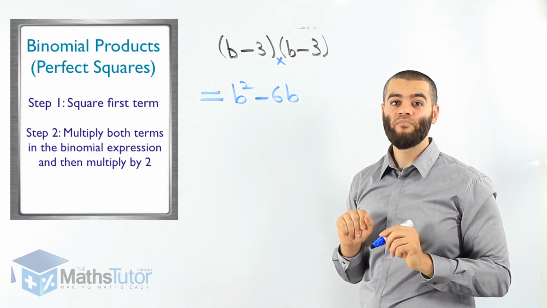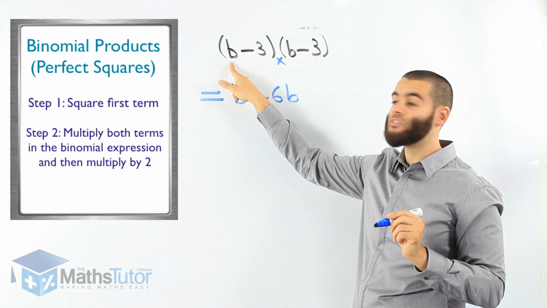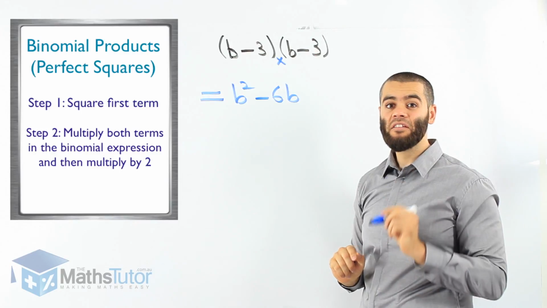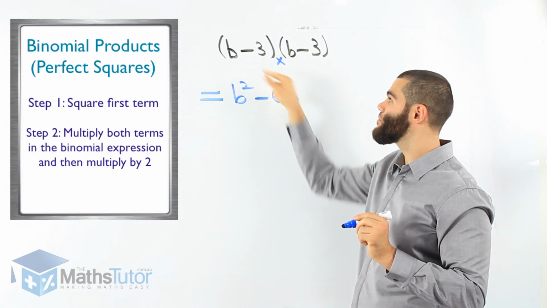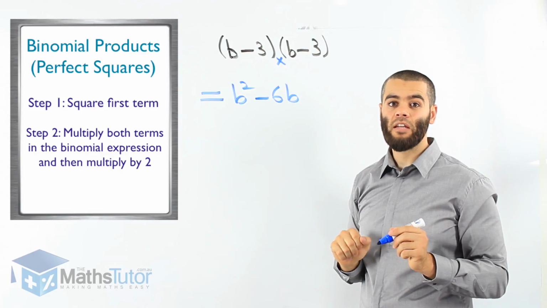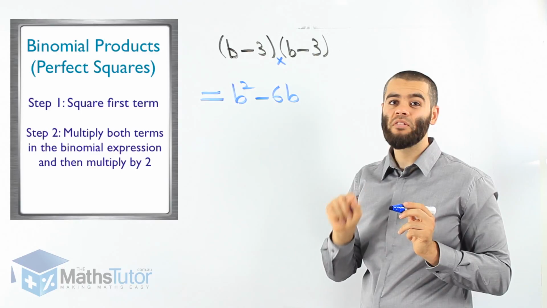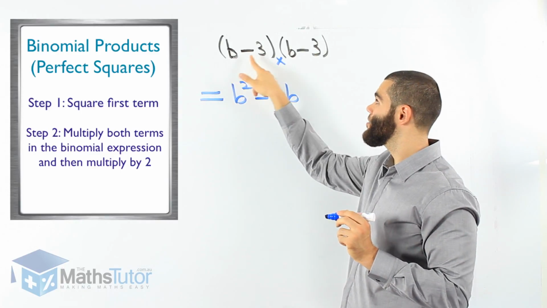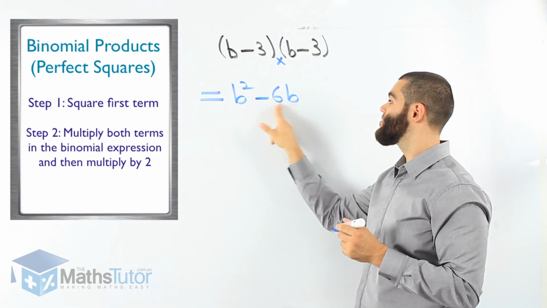So the first step is to square the first term, b times b, b squared. The second step is to multiply the two terms together. b times negative 3 is negative 3b, then times by 2. Very important not to forget, you have to times by 2. So negative 3b times 2 is negative 6b.